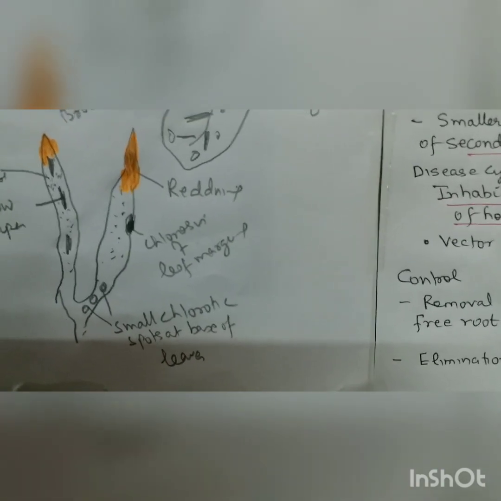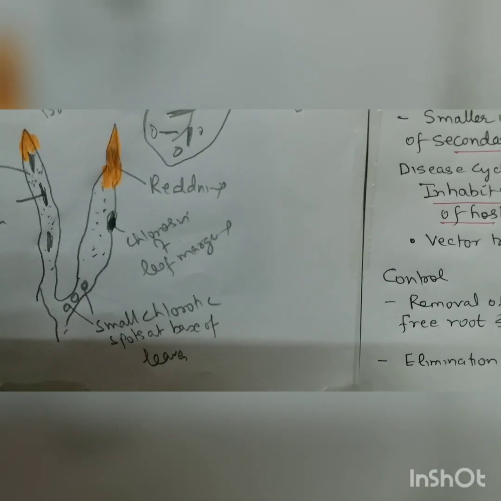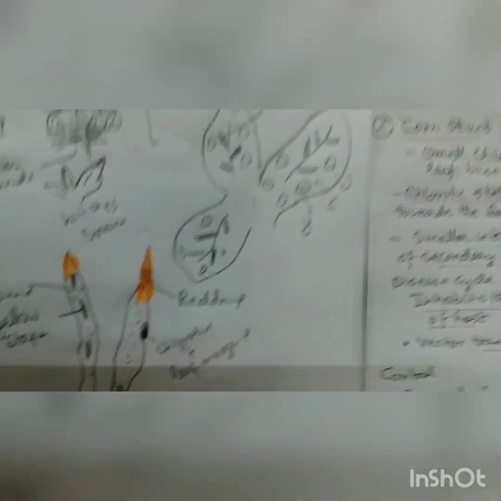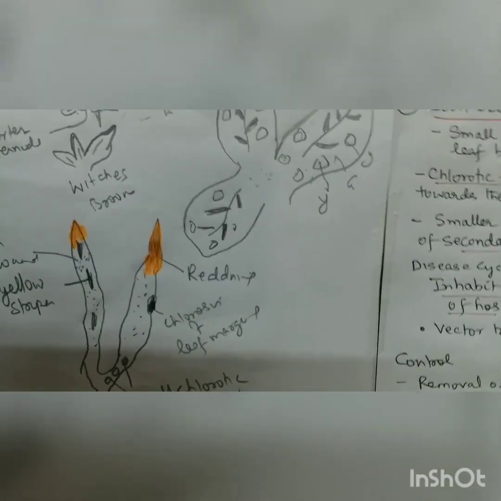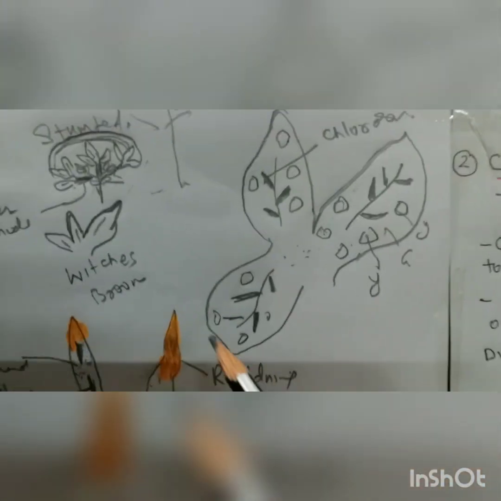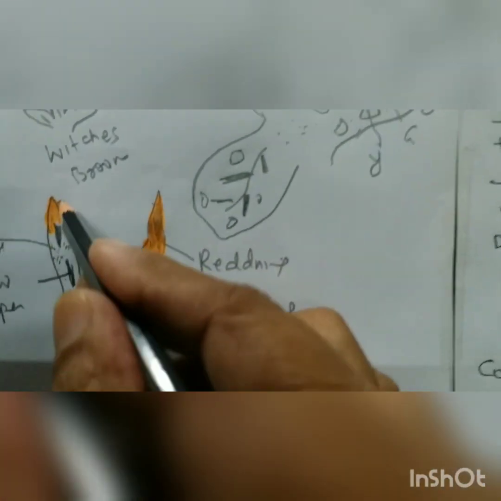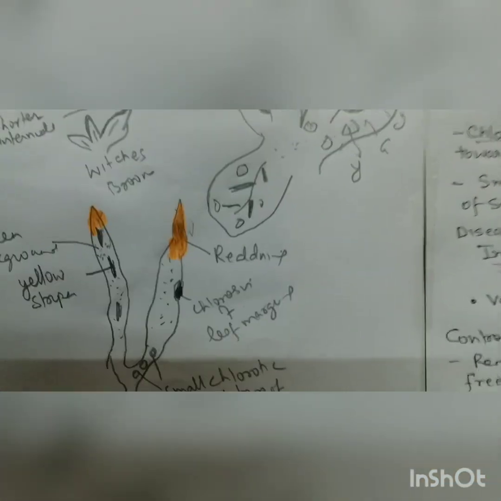And then it is followed by the reddening of the tips of the older leaves. As chlorosis of the leaf margin starts, it results in the reddening of the leaf tips, right? So these are the two characteristic symptoms.